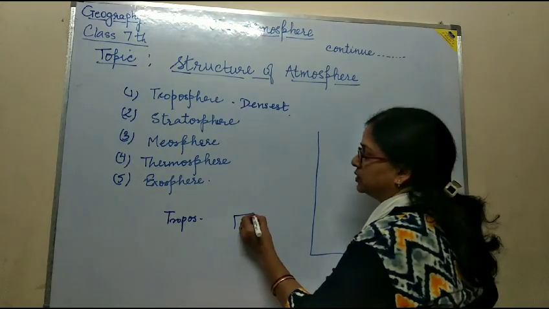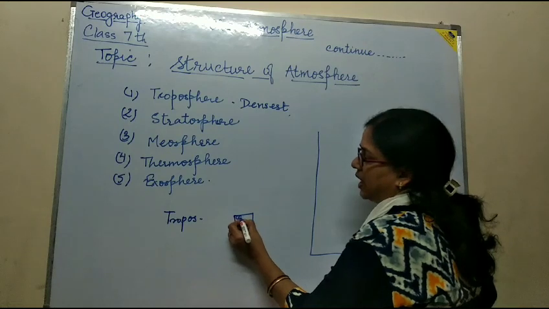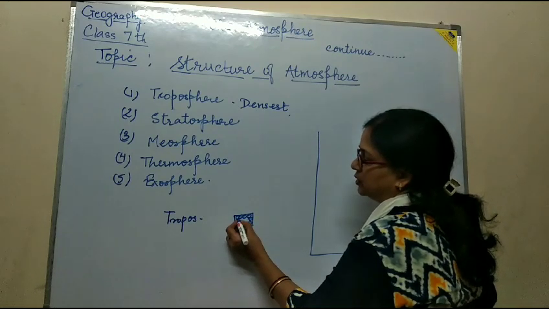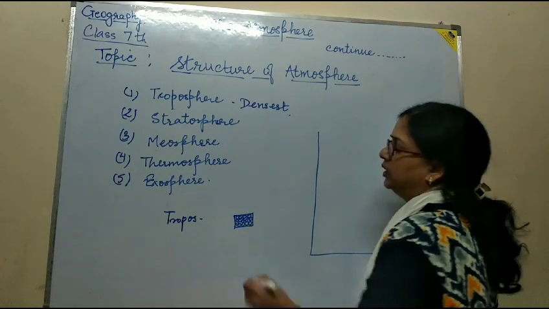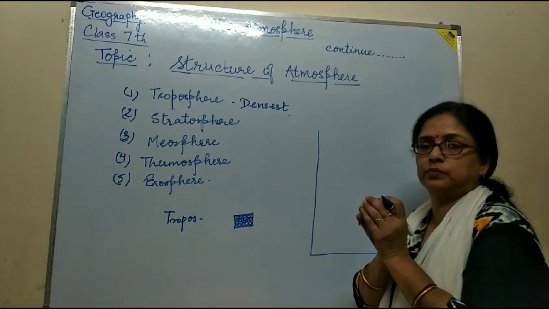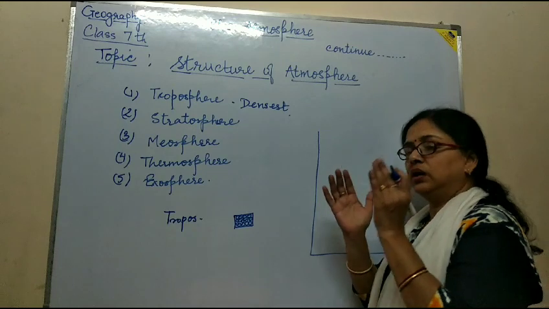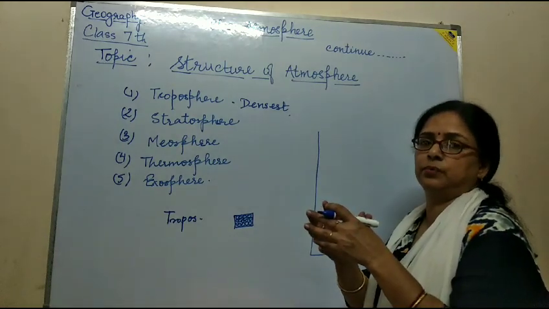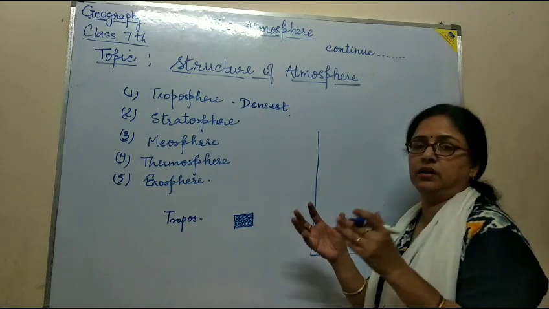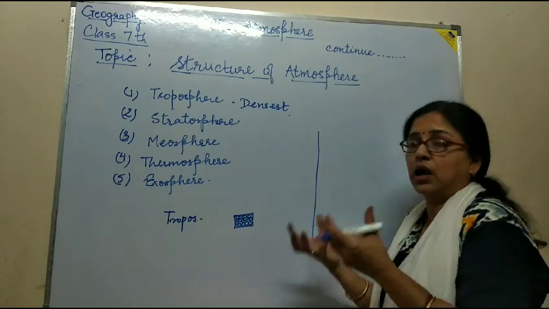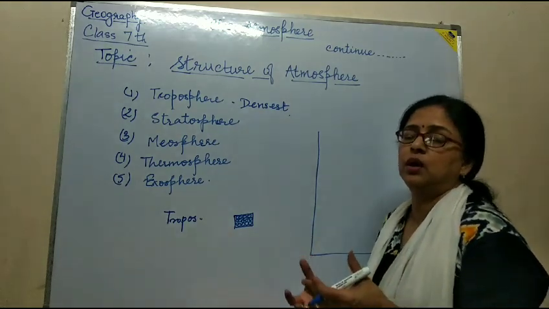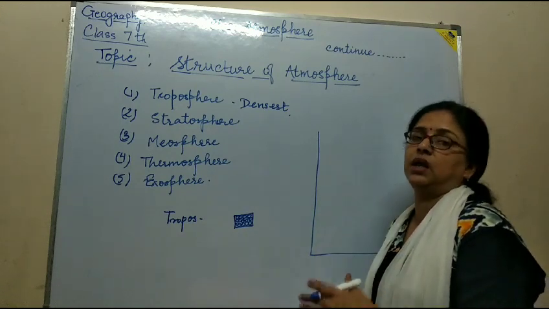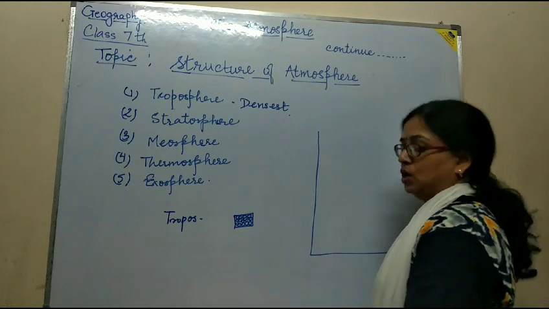First let us see what dense means. As you have studied in chemistry, when molecules are in the solid state, they are very closely packed. So dense means very closely packed. In this layer we find very many weather related phenomena taking place.